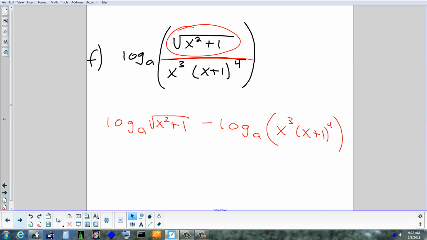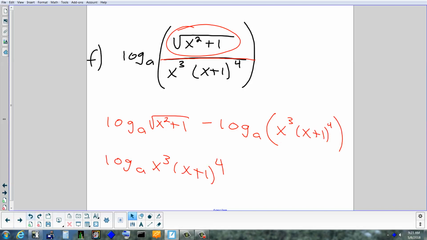Now I put that big set of parentheses on the right side just to let people know that this whole thing is part of the argument. If you didn't put that and you wrote it like this, somebody looking at that might not be sure, well, is it just the log of x cubed and the x plus 1 isn't part of the log?